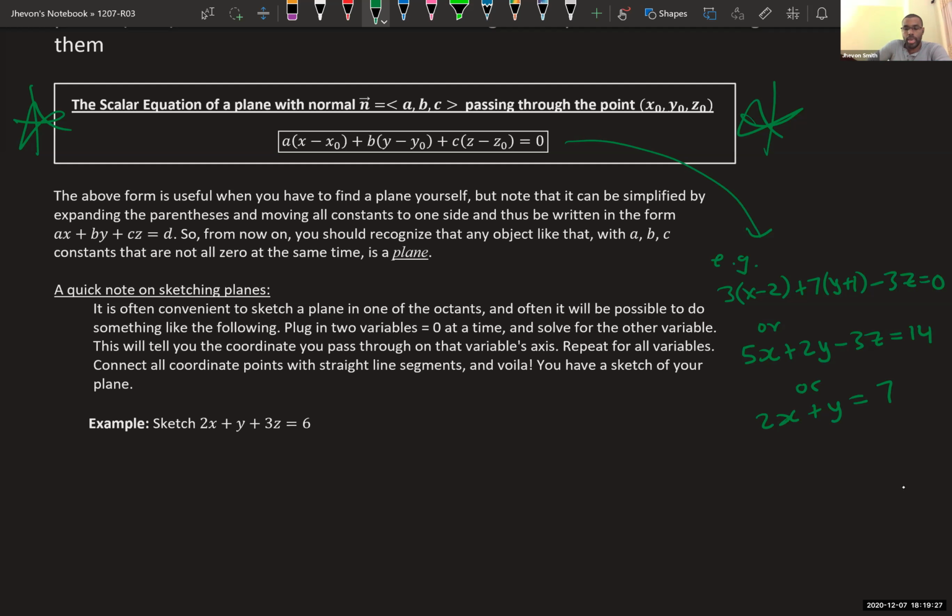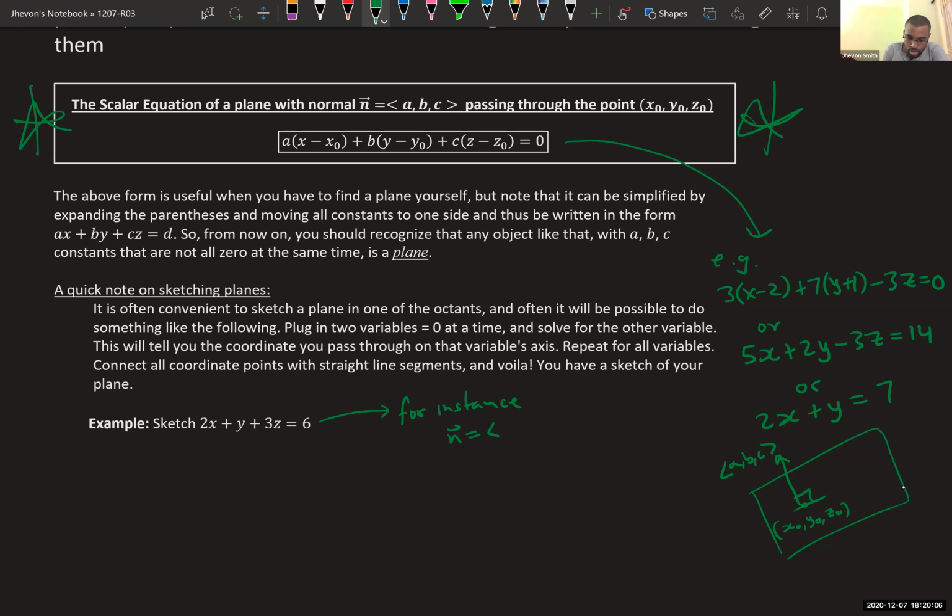And when it's written in this form, your (A, B, C) is a normal vector to the plane. So if your plane is here, your (x naught, y naught, z naught) is a coordinate in the plane, and a normal vector to the plane is given by (A, B, C). So when you have the equation of a plane, you can actually know what the normal vector to that plane is just by eyeballing it.